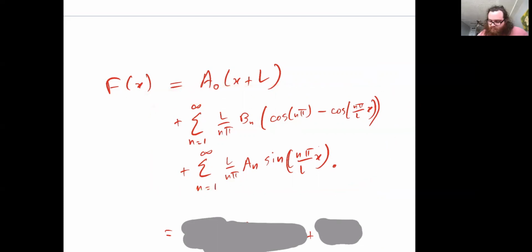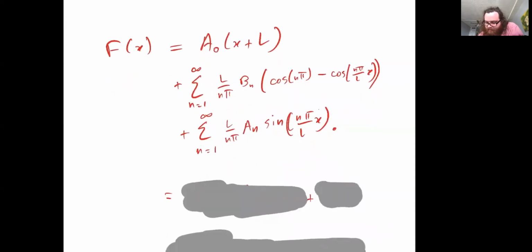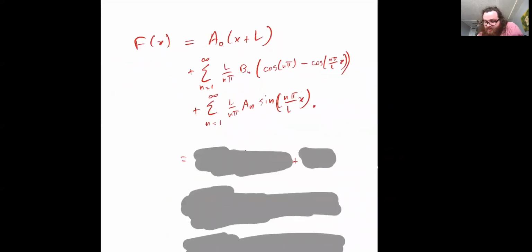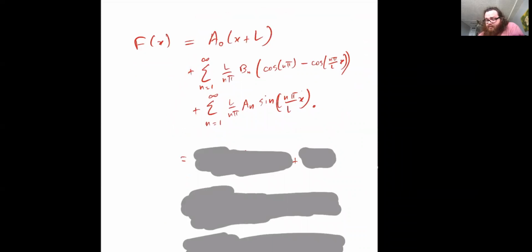This bit right here is going to get us our constant. Otherwise, you have the cosine piece and you have the sine pieces. And so this is one way to look at the series expansion for F, which is going to be the most convenient in a second.